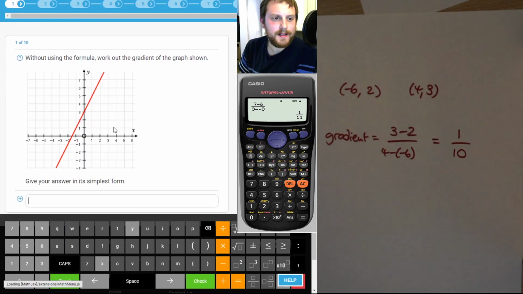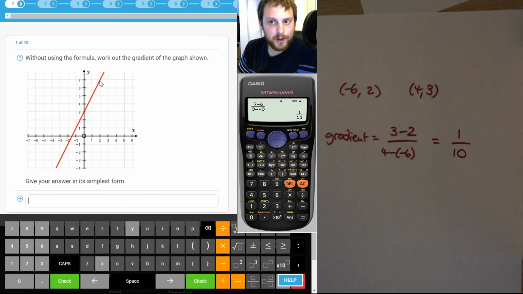There we go, right. So what you want to try to do is find whole number coordinates so that you can just go however many along and however many up, so it's dead easy. For example, here's a whole number coordinate and there's a whole number coordinate, and so I go 1 along and 2 up. I guess I also go 2 along and 4 up.